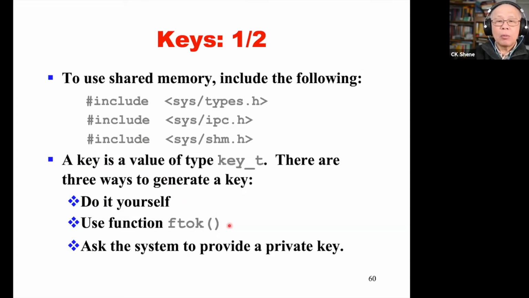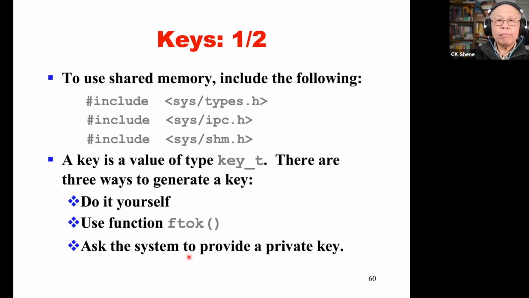The second one is by calling a function ftok, file to key. This function will return you a key. And finally, you can ask the system to provide you with a private key. Why do we use it?